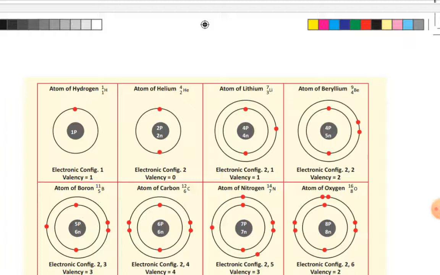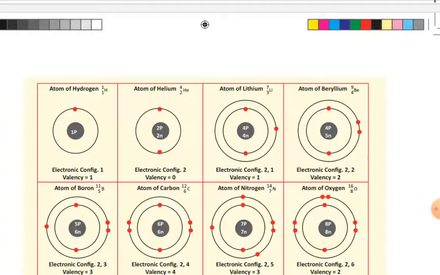So what are the particles in the nucleus of an atom? Proton and neutron. So you have to mention the number of protons and number of neutrons in the nucleus. That is given here in the form of dark color. The dark color is the nucleus that constitutes proton and neutron.